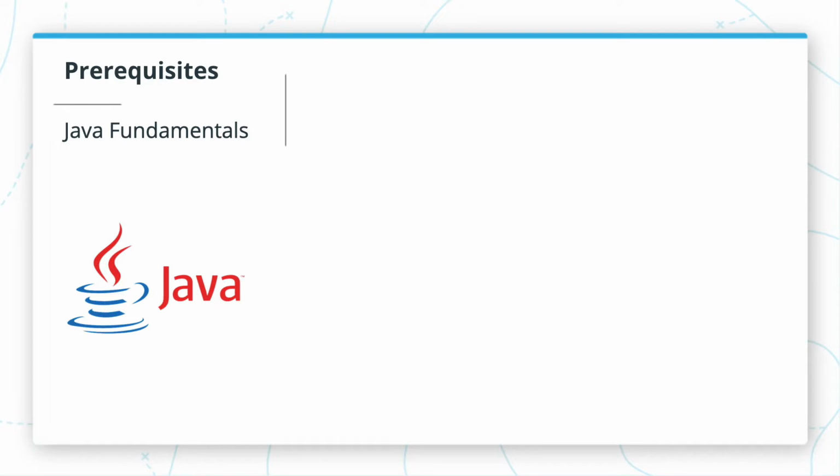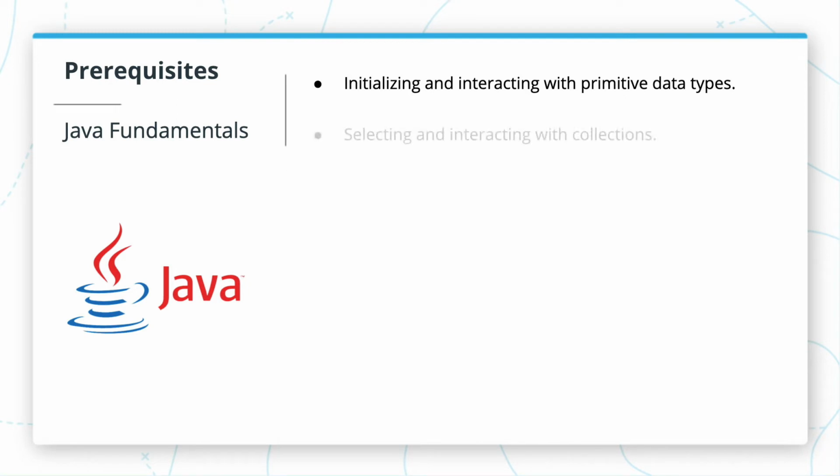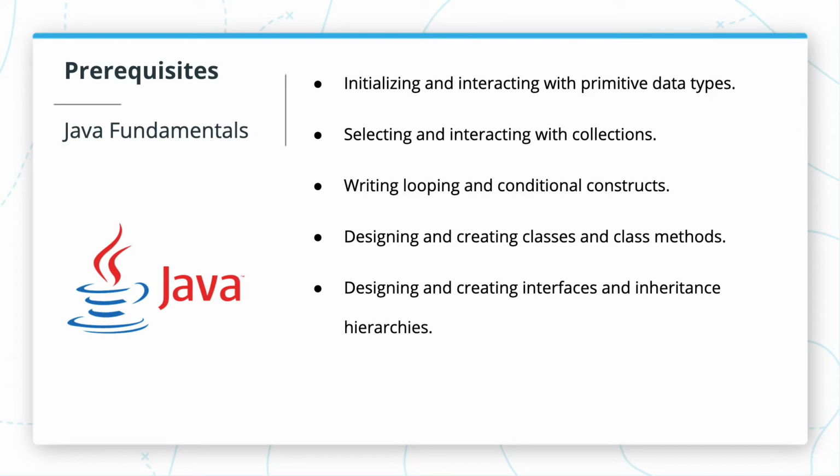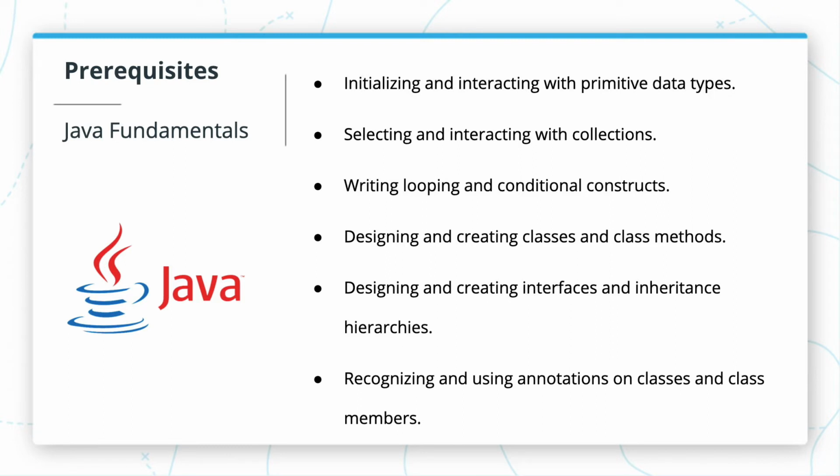In particular, make sure you are familiar with initializing and interacting with primitive data types, selecting and interacting with collections, writing looping and conditional constructs, designing and creating classes and class methods, designing and creating interfaces and inheritance hierarchies, and recognizing and using annotations on classes and class members.